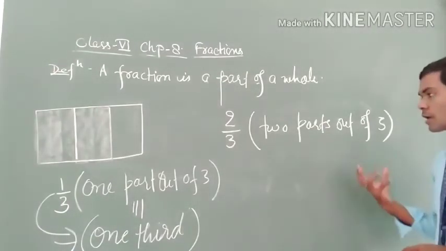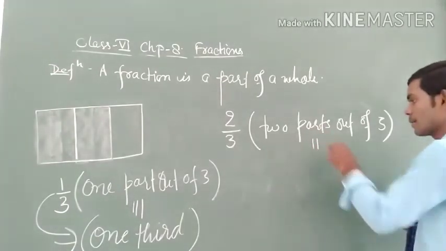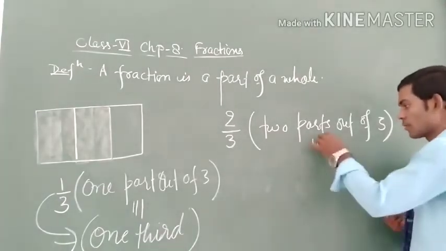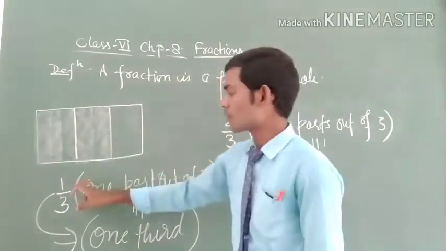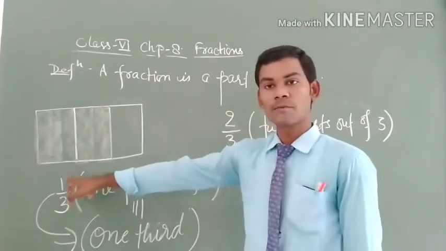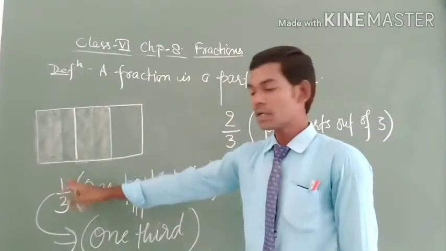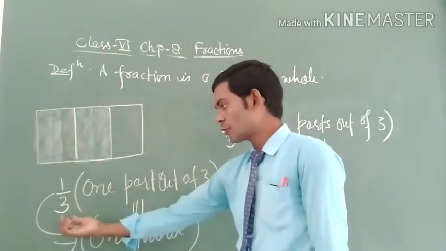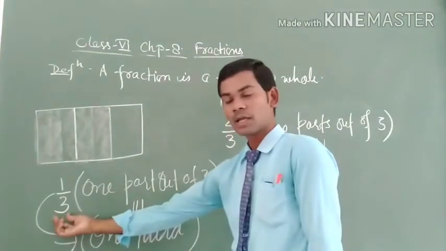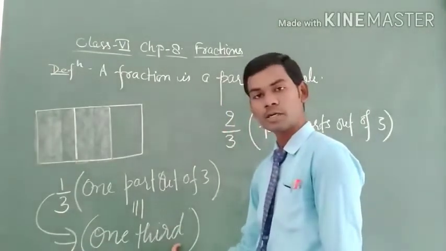The equivalent name of this fraction: when the numerator was 1 and the denominator was 3, we wrote one third.